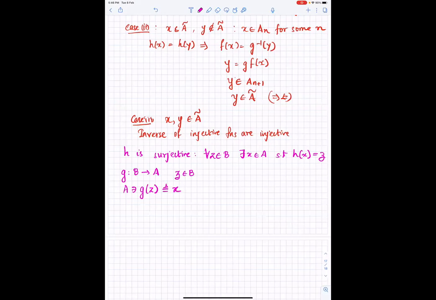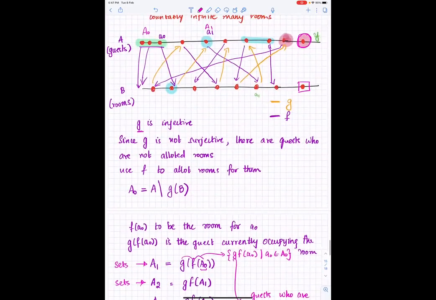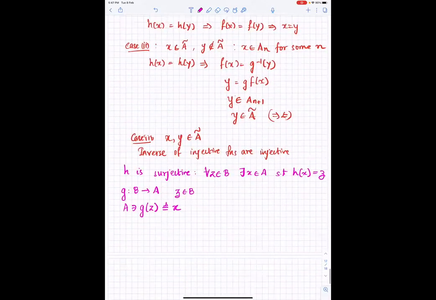So now, what does this mean? That there is one person here. We look at his image under g, and we call this image x. Now this x could either be displaced or he might not be displaced. In the process, he is a guest. So he could have been displaced or not displaced. So suppose x is not displaced.